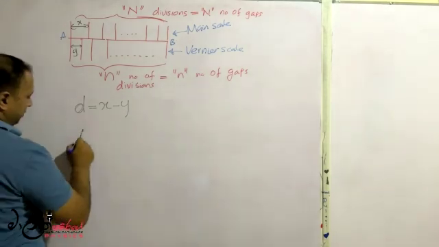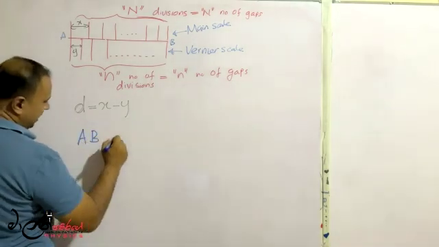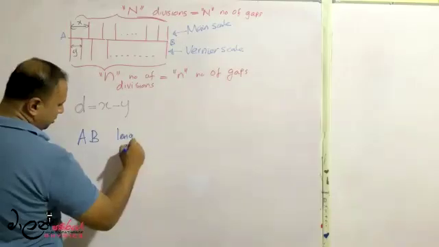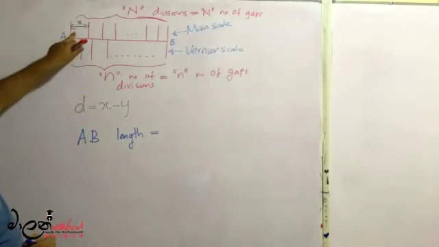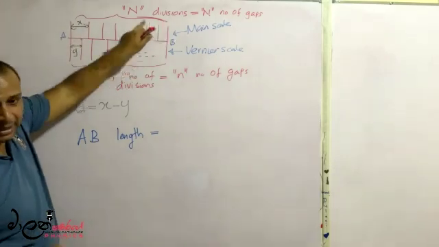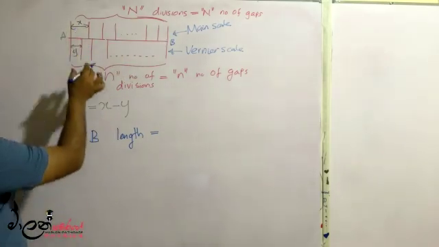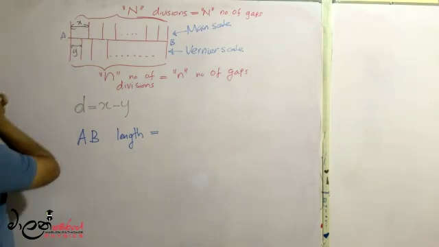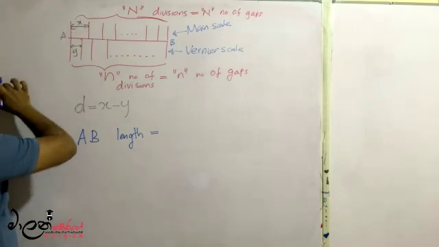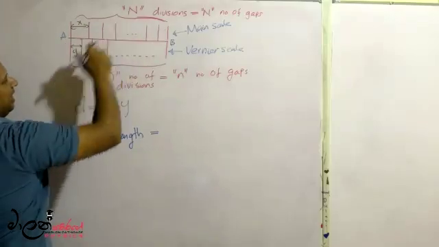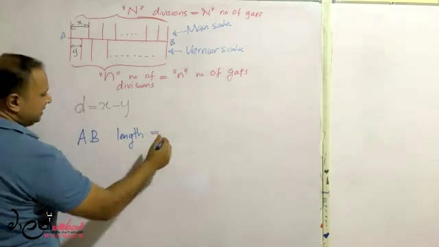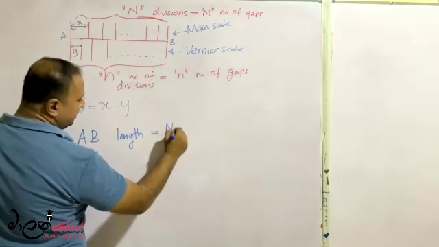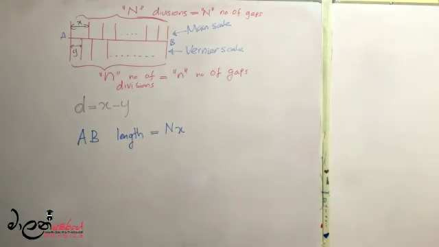Therefore, AB length is equal to 1 gap times N. Let the distance of one gap be x. How many gaps are there? N gaps. Therefore, AB length is equal to Nx. Did you get that point?